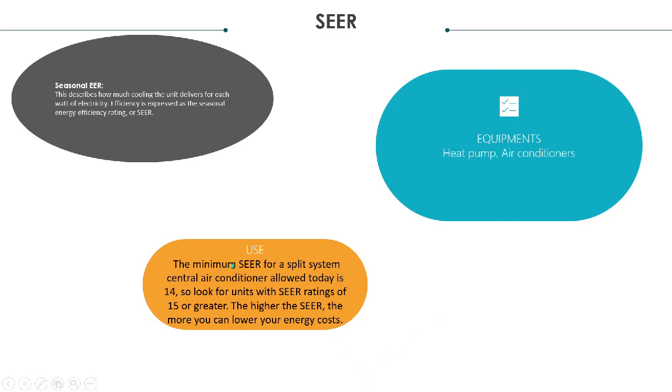The minimum SEER for a split system central air conditioner allowed today is 14. So look for units with a SEER rating of 15 or greater. The higher the SEER, the more you can lower your energy cost. So please try to go with a SEER rating of 15 or greater than 15. You can save plenty of costs from very highly SEER rated equipment.